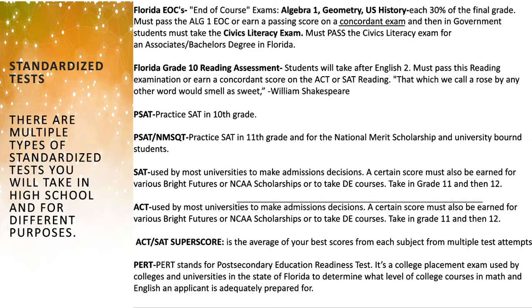Now, there is something called ACT, SAT Superscore, okay? A Superscore is when you can take the average of your best scores from each subject from multiple tests. So let's say in January I took the SAT and I did amazing on the evidence-based reading and writing, but I totally bombed the math, okay? And now in June, I retake the SAT.